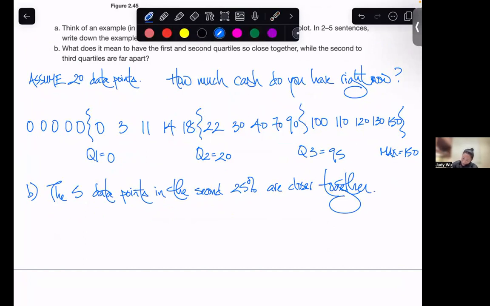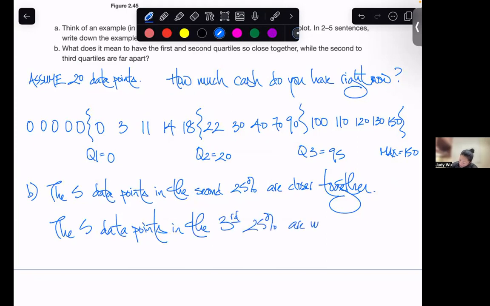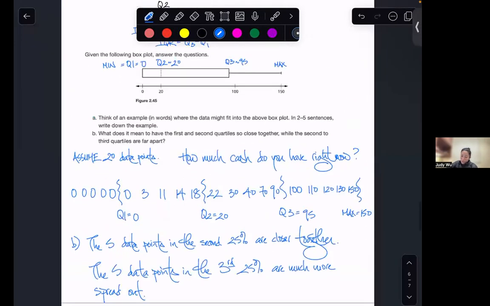So the 5 data points in the third 25% are much more spread out. And if we have more space in between, that means it's more spread out. But if things are closer together, then it means that the data points are actually closer together. All right, let me know if you have any questions.